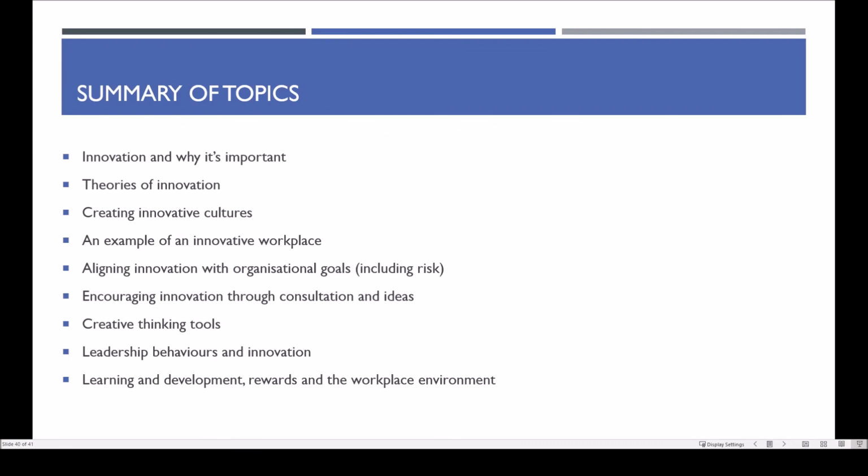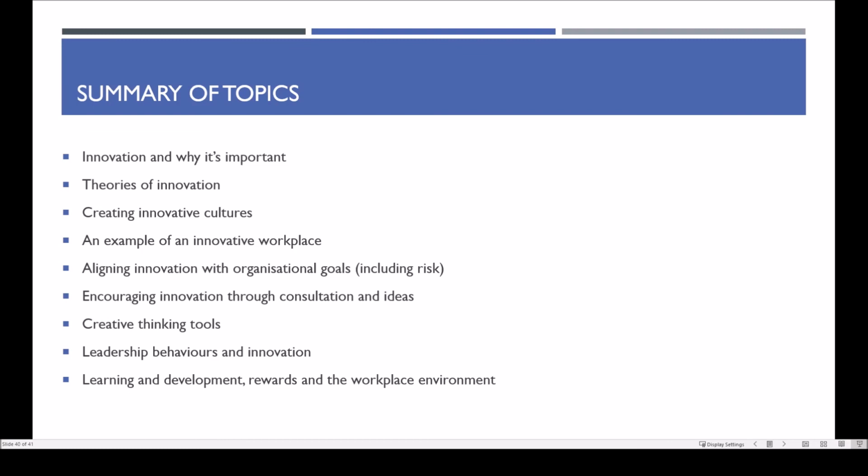We talked about making sure that we align our innovative goals with our organizational goals, so that our plans align with our innovative culture and aspirations. And as part of that, we looked at risk management. We talked about encouraging innovation through consultation and ideas, and why that's important and how we do that.